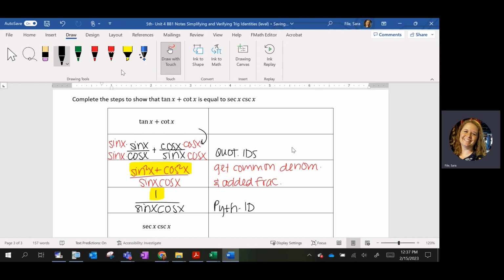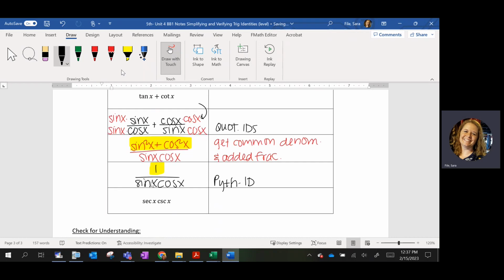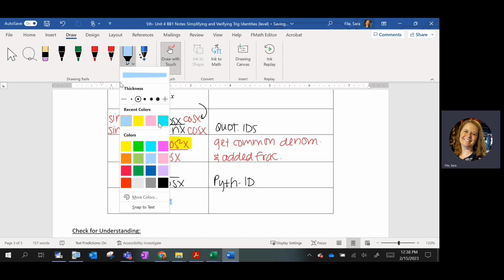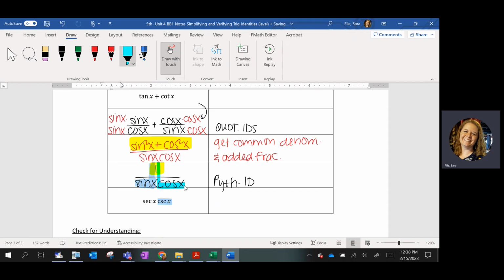Now, how is it they're going from 1 over sine times cosine to secant times cosecant? What are they changing there? What identity is being used? What's 1 over sine the same as? Cosecant. And what is 1 over cosine the same as? Secant.